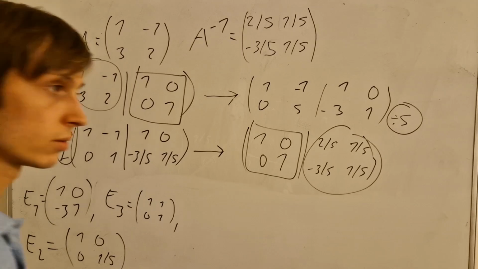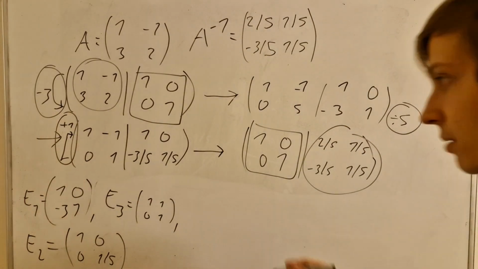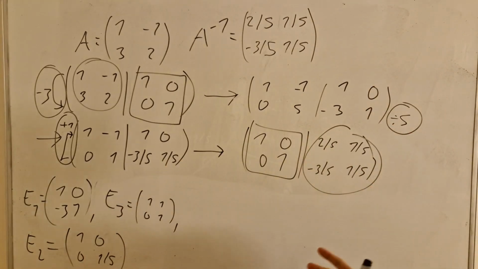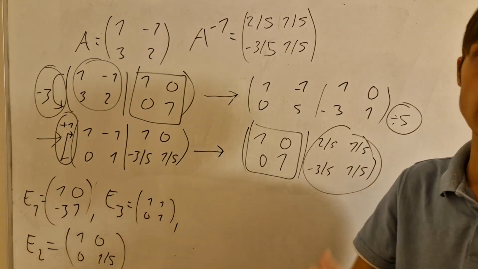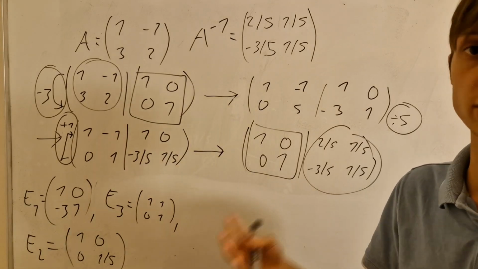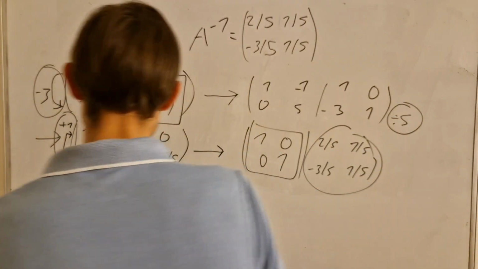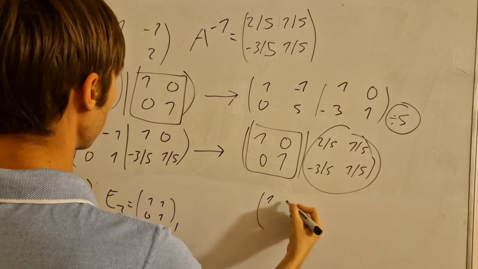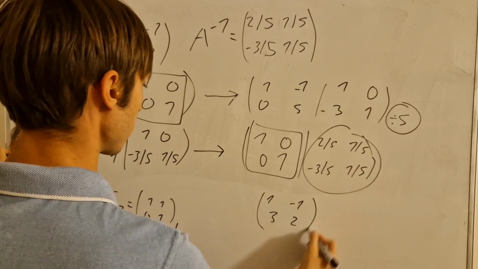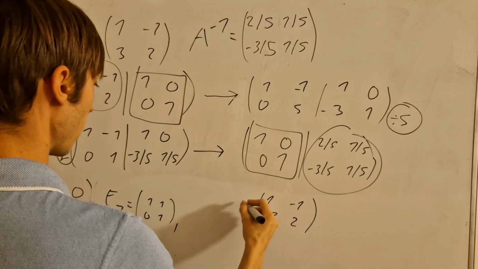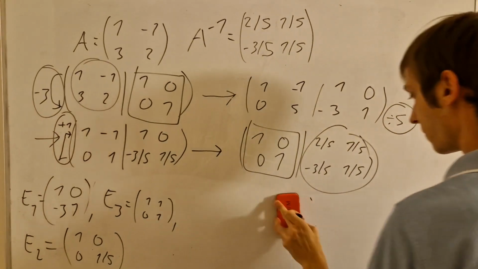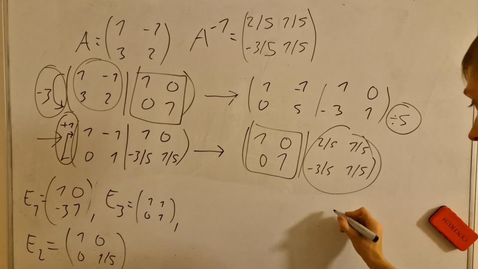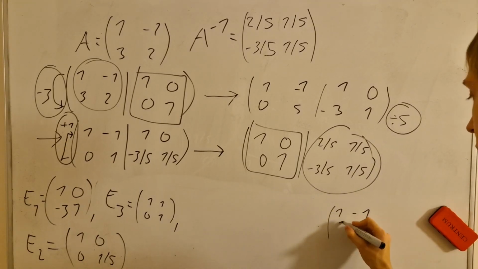And to conclude, how we can think about it is basically just a chain of multiplication by these matrices gets us to the inverse. Because they describe precisely that one elementary operation. That's how they're defined, elementary matrices. And that's very interesting. So what happened is we got A, which was, let's just write it all out explicitly in the end. We had A. That was 1, minus 1, 3, 2.